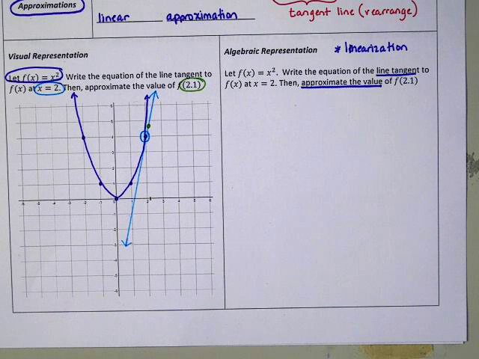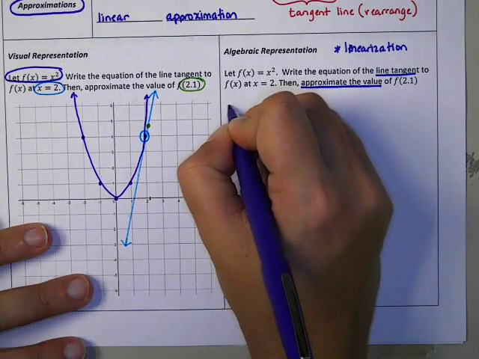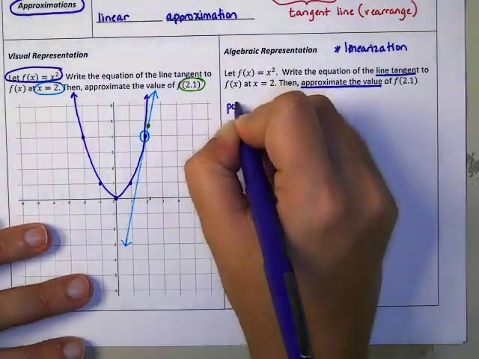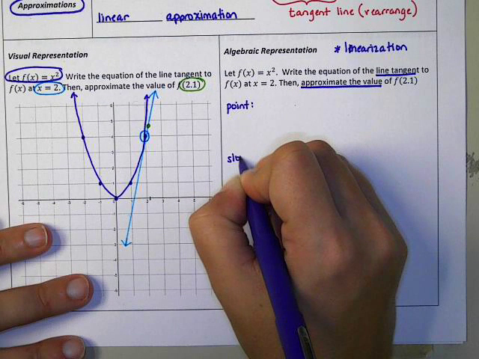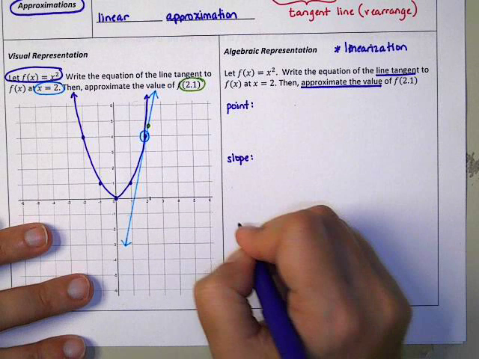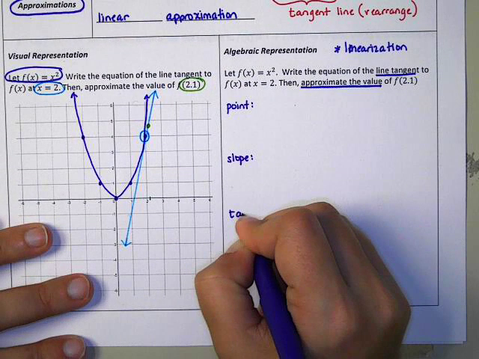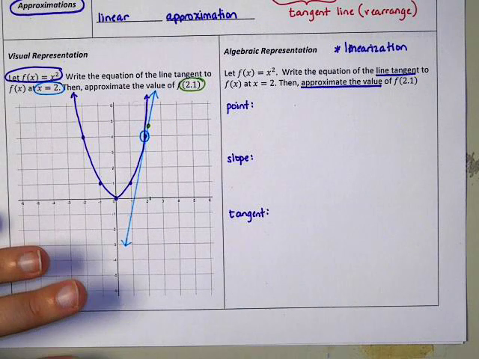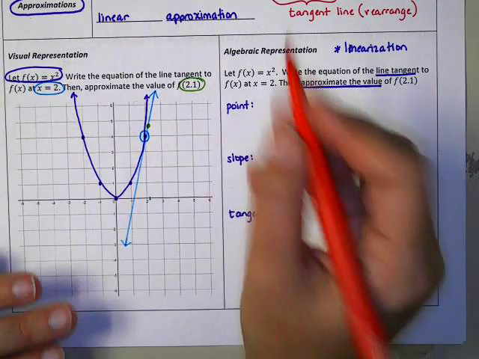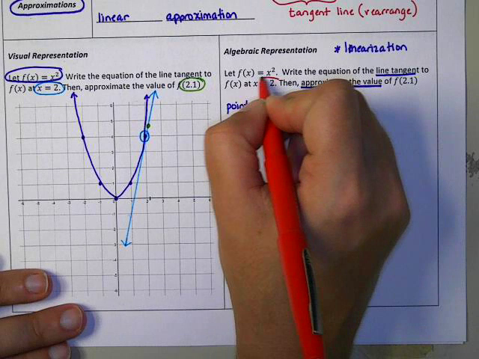In order to write the equation of a tangent line, we always start with a list. We're going to need a point. We're going to need a slope. And that's going to allow us to write our tangent. The point that we're going to use is going to have an x value of 2.